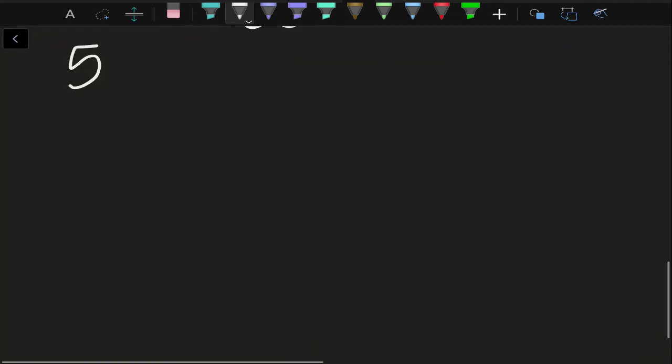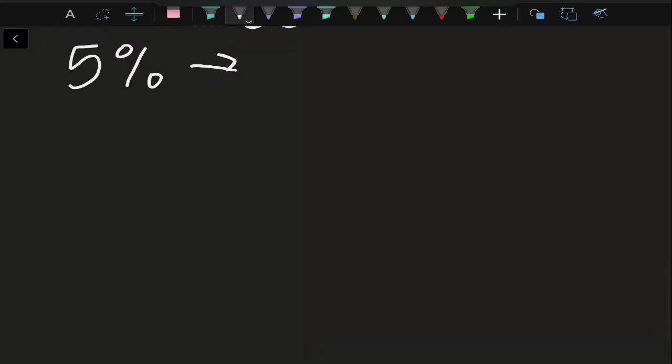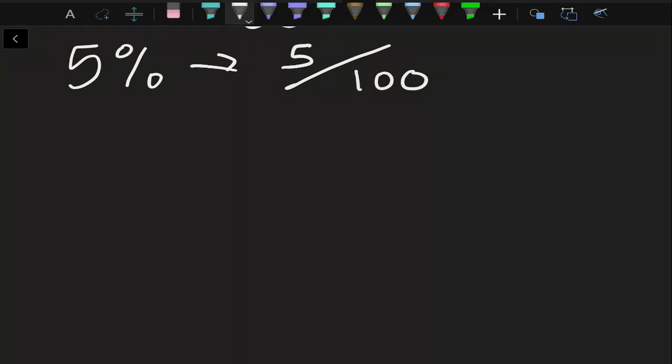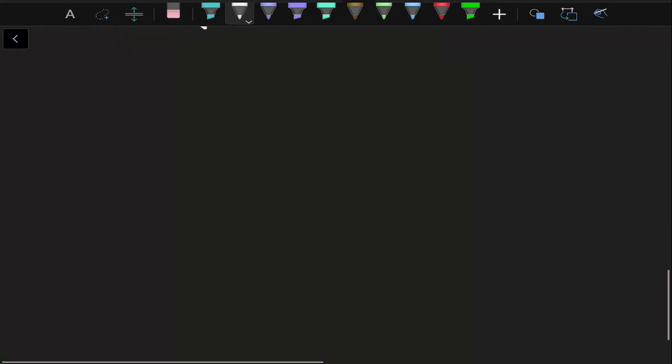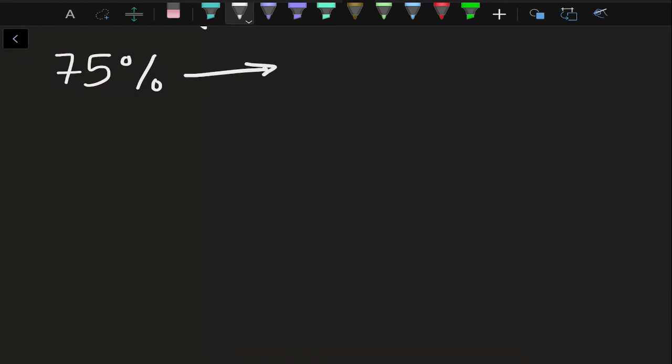If we were to look at something like 5%, this means 5 out of 100. And that is because, like we said above, percent, this thing here, means per 100. So that's why we're putting it over 100 here. So then if we were to look at 75%, that is 75 per 100.